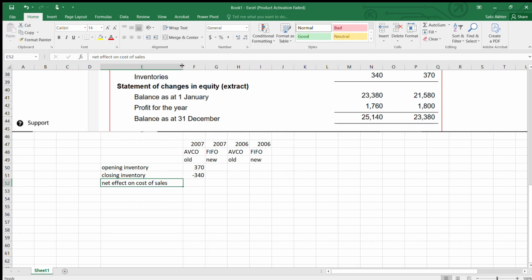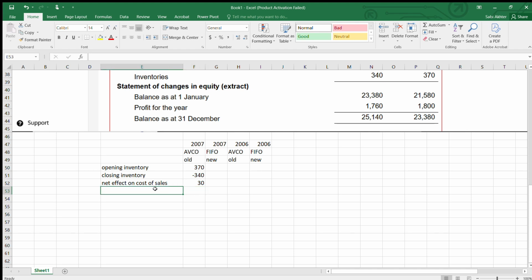So before you draft, this is the first step you have to do. You have to revalue your stocks based on old policy and new policy to get the change. So the difference, you use the sum function and get the difference. It's 30. This is the net effect on your cost of sales.